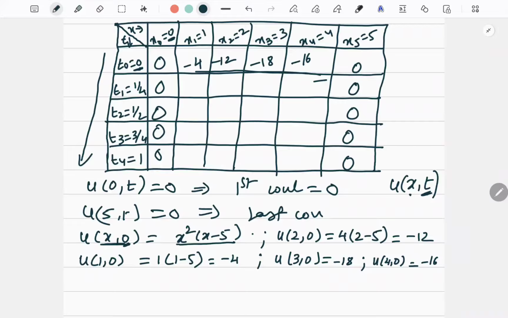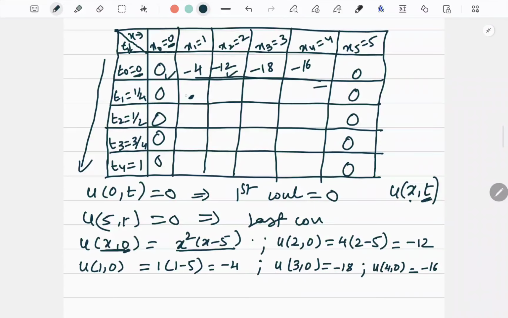Okay. Now what I told you, now quickly solve without thinking too much. If you want to solve this, what you have to do? This plus this upon 2. So 0 plus minus 12 upon 2 is how much? Minus 6. Okay. Then minus 4 minus 18. Add 18, 19, 20, 21, 22.